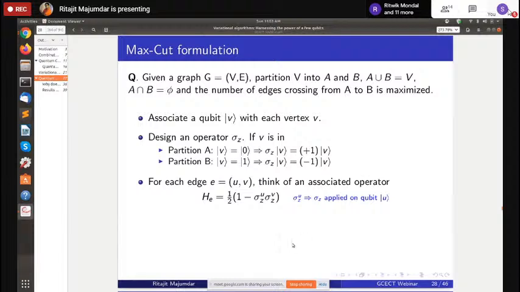Now, for a single edge uv, we create this operator. This operator is called a Hamiltonian, but don't worry about names because scientists like to give fancy names. So this is called a Hamiltonian operator for this particular edge. And let's see what it does. It's a mathematical formulation, but it does a very, very simple thing.